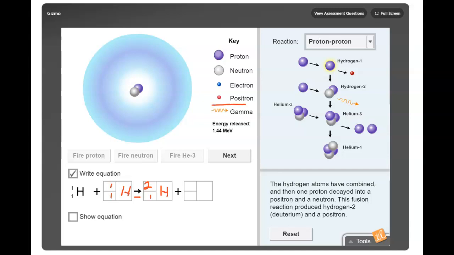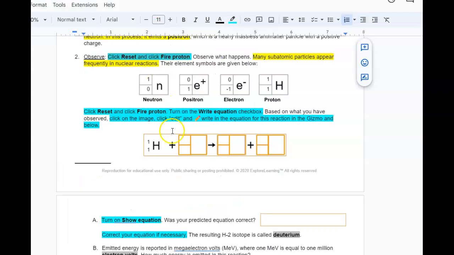What came off? A positron. So we got to write the symbol for the positron, and if I remember correctly, it's a 0/1 with a lowercase e and a positive sign. Let's see if we're right. So this whole thing is what we're going to write as our answer in our gizmo right here.